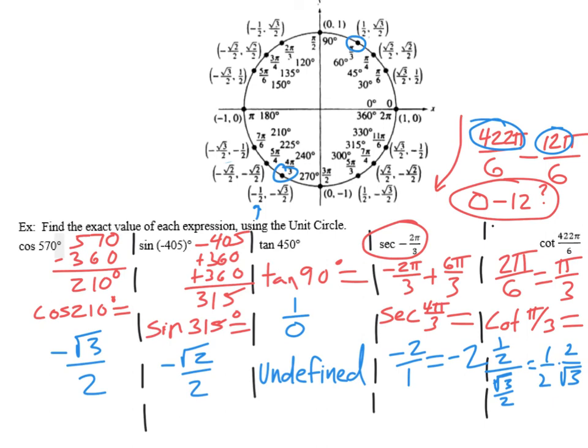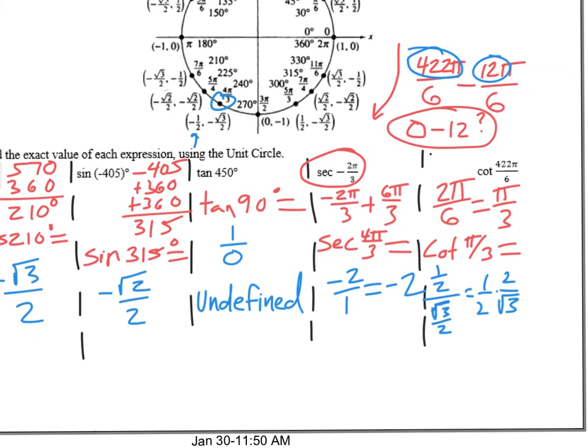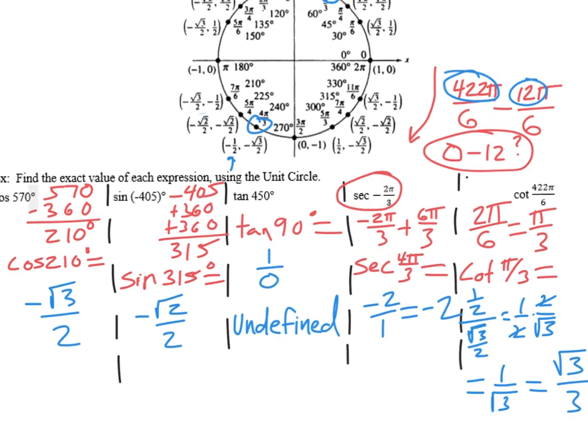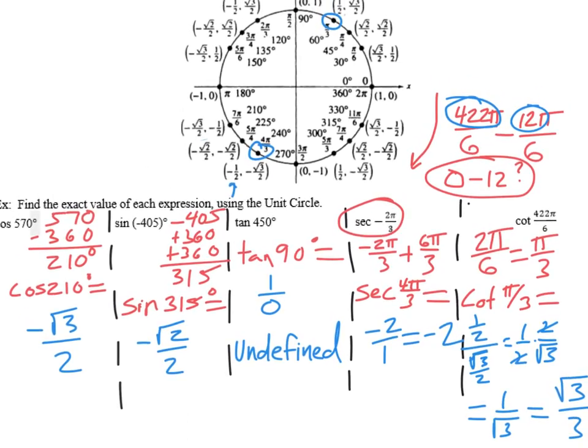All right, I have to scroll down here to give myself just a little more room. There we go. Twos cancel. 1 over square root 3. Rationalize that, square root 3 over 3. Okay. Can't get it all into view there, but close as I can get.